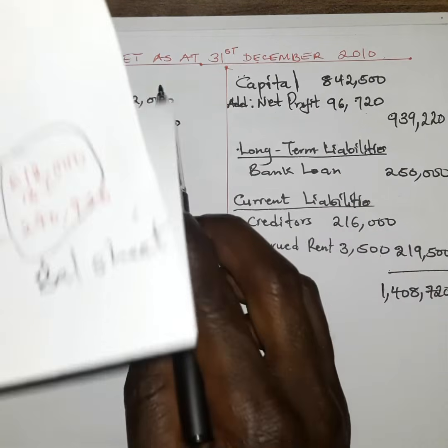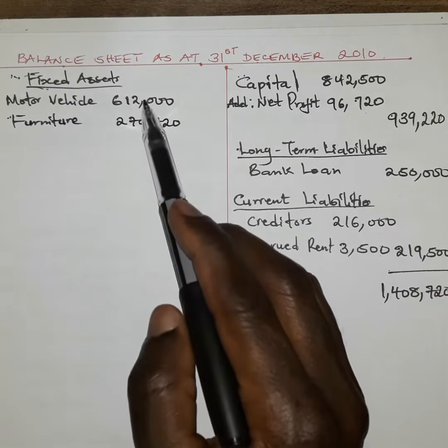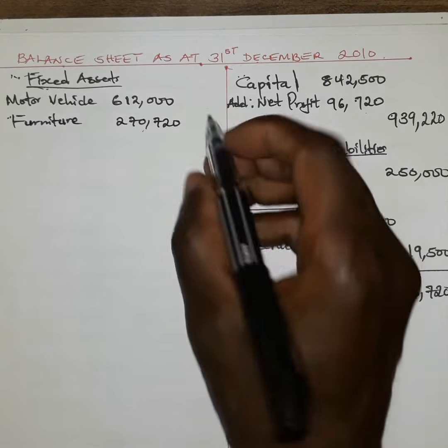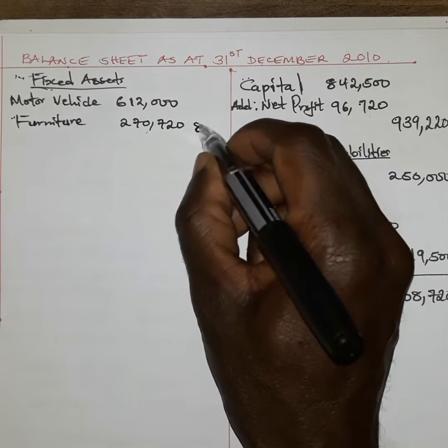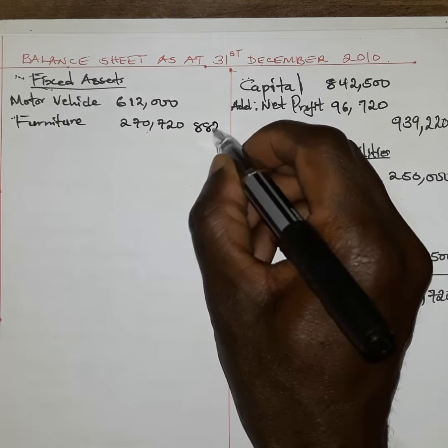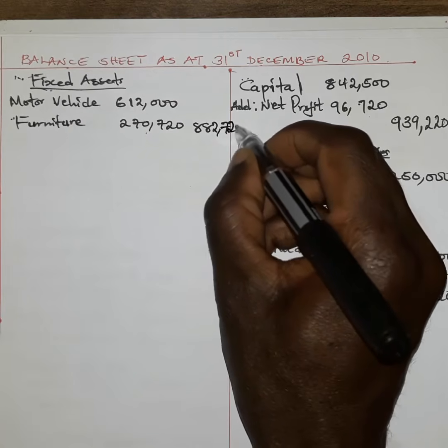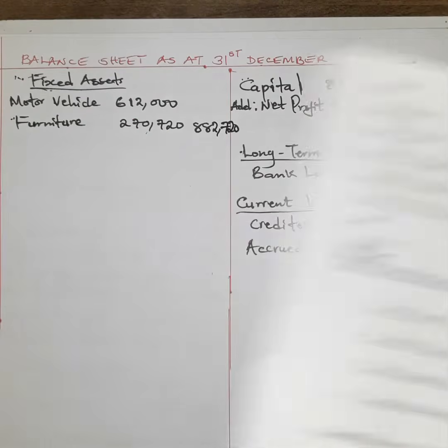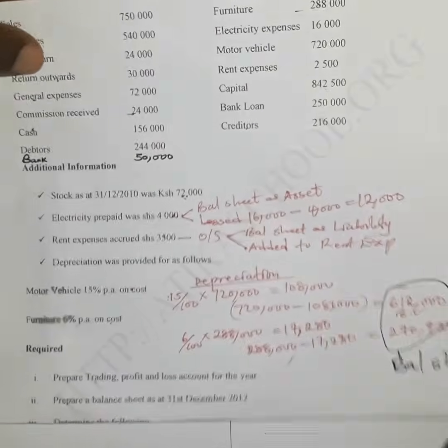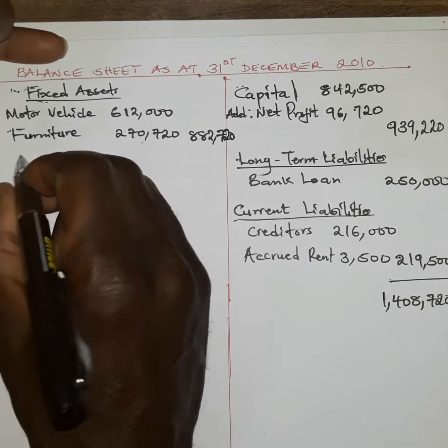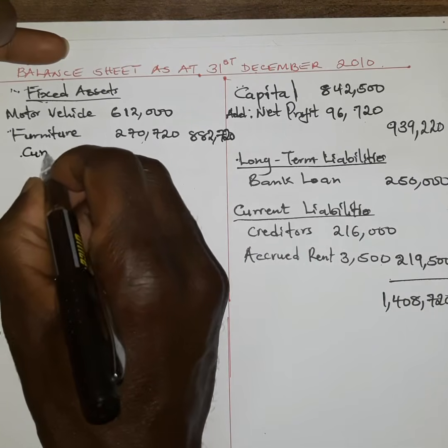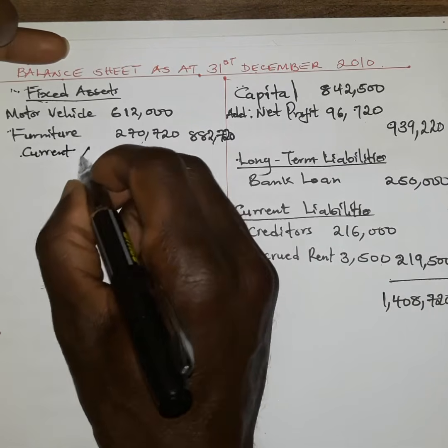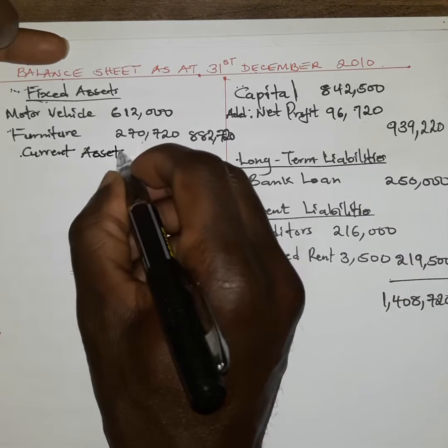When you add these two, you're supposed to get a value of 882,720. And then of course we go to current assets. These are assets which cannot last more than 1 year.